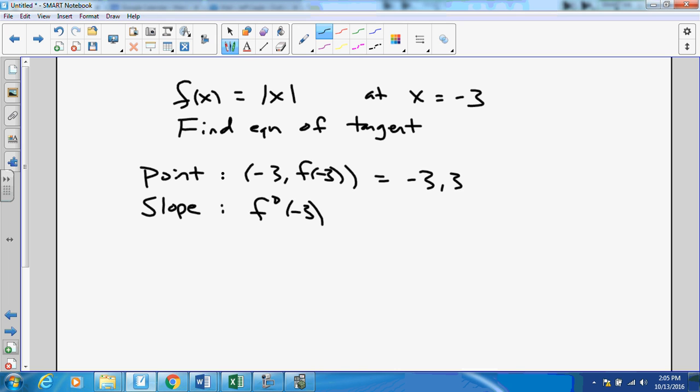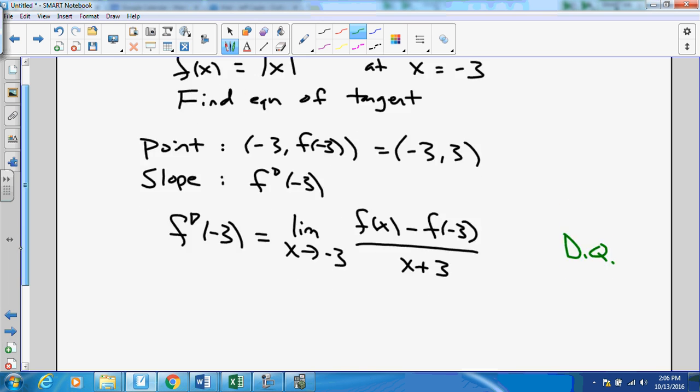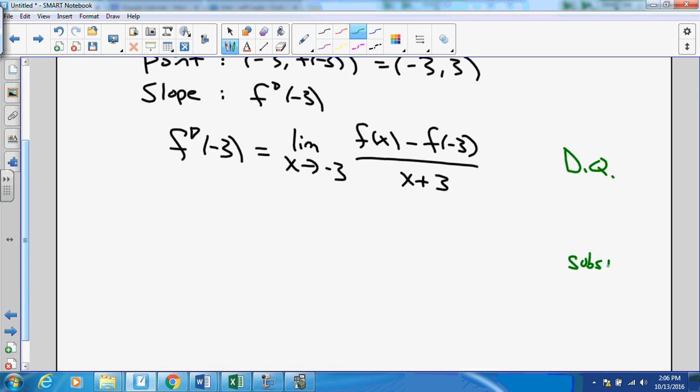And of course, the point is easy to do. And so using the alternate definition, we're going to write f prime of negative 3 as the limit as x goes to negative 3 of f of x minus f of negative 3 all over x minus negative 3. Notice we got that minus negative thing going on again. So that's our difference quotient.